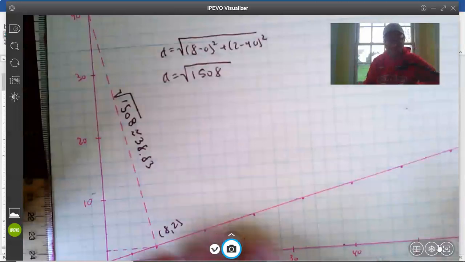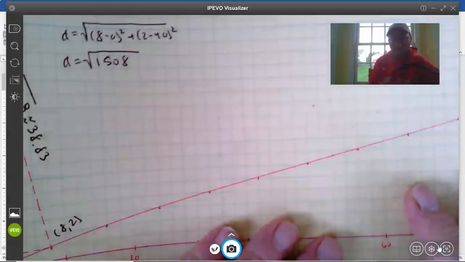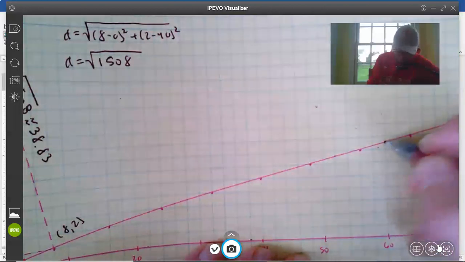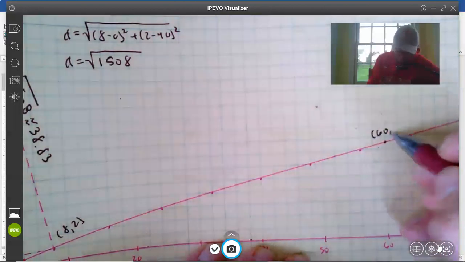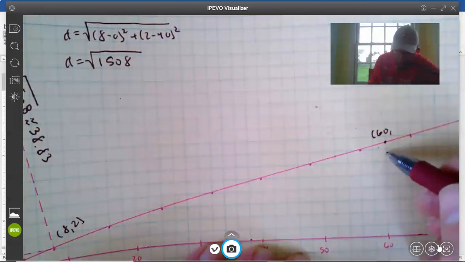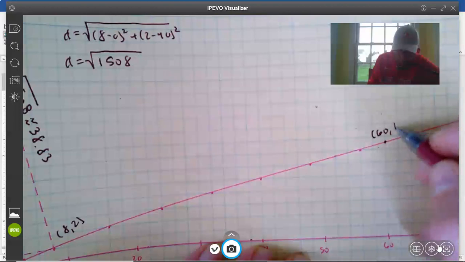And the point at which we are 65 miles from it is here at the point 60, 2, 4, 6, 8, 10, 12, 14, 15.